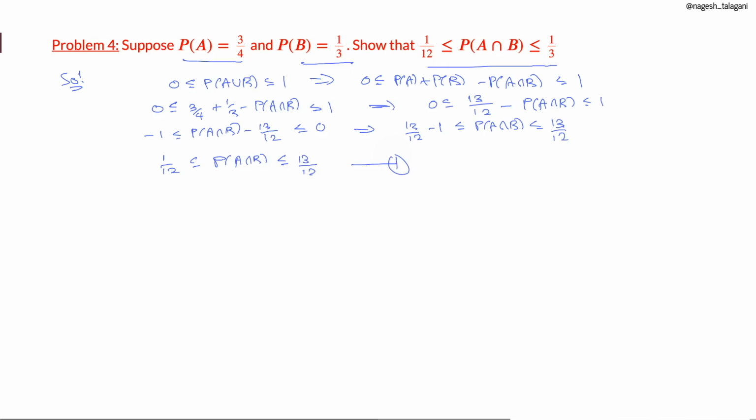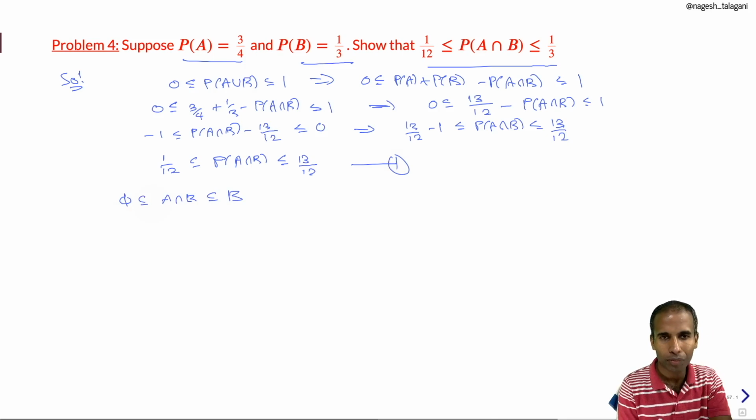Now also here it's pretty clear that A intersection B is always a subset of B, and the empty set is always a subset of any set, in particular A intersection B. So we have this relation.